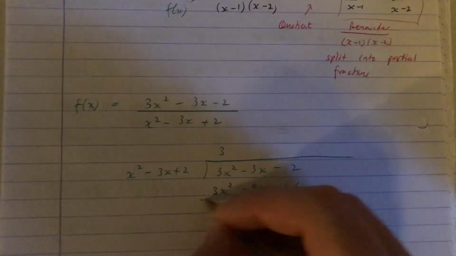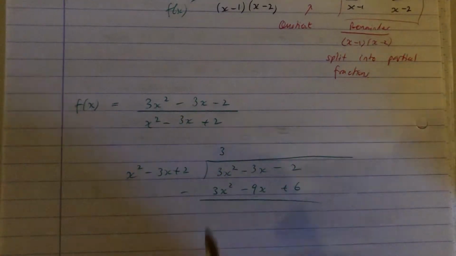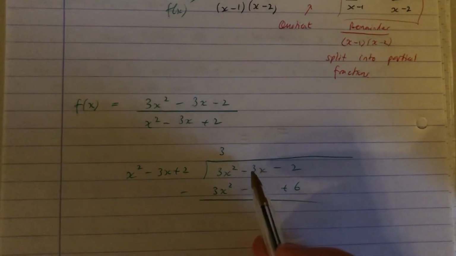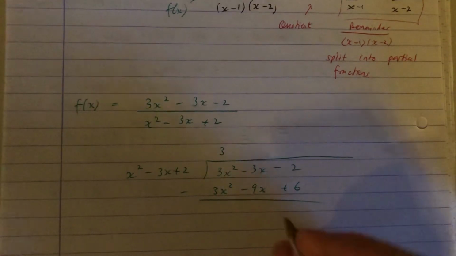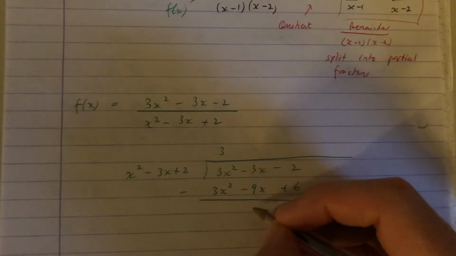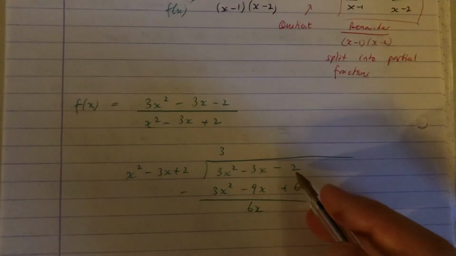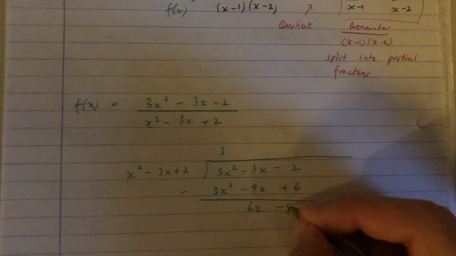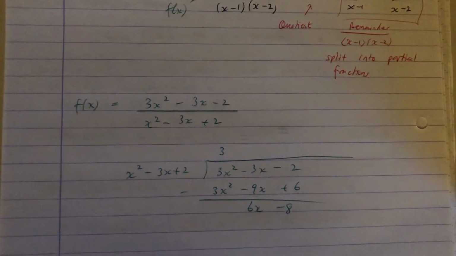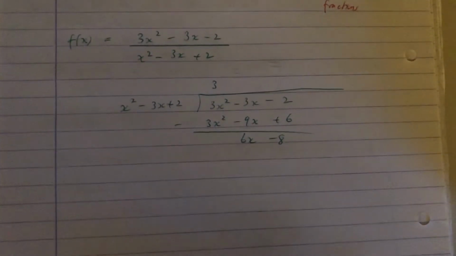Plus 6. Do the subtraction. First column disappears. Negative 3x subtract negative 9 is an addition, so that's 6x. Negative 2 take away 6 is negative 8. And there's nothing to bring down, so that is your long division done after one step.